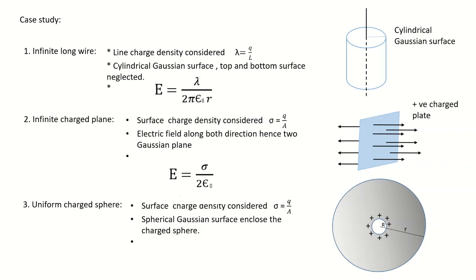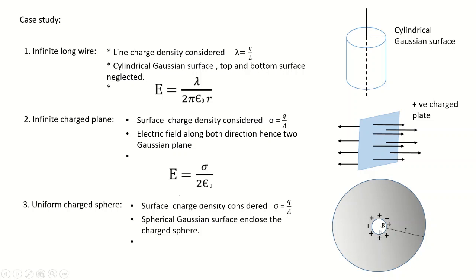But why spherical? It can be square, it can be cylindrical. But as you know, if we consider a spherical charged body, and if the direction of electric field is drawn for each and every point, it is bound to form a spherical shape. Hence, the Gaussian surface has been drawn in a spherical form.